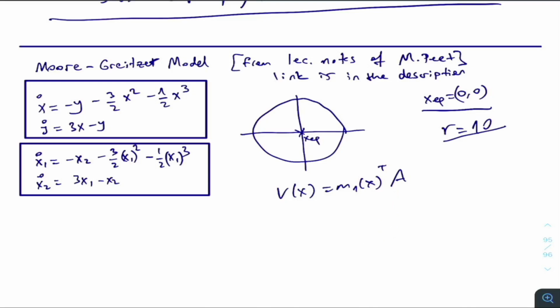I just want to distinguish from the examples we did earlier. And m1 for this example will be x1, x2, and in addition to the first order terms, x1 and x2, we will also include second order terms, right? x1 squared, x1 x2, and x2 squared.